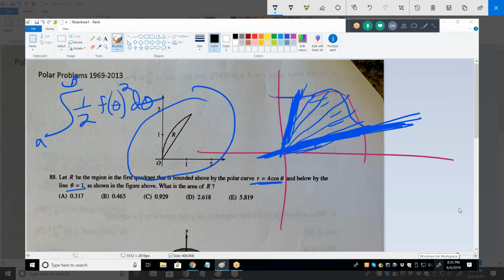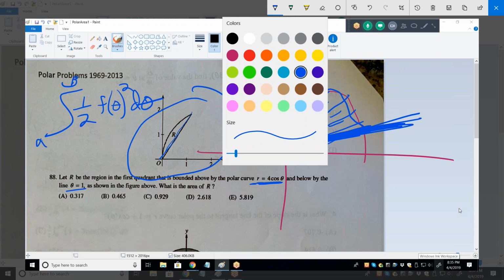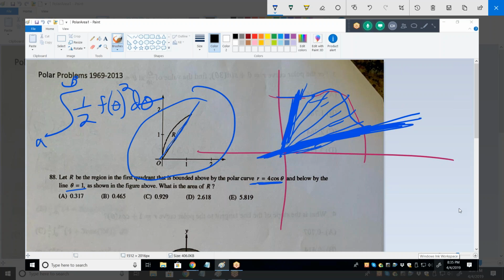Sorry. So I'm going from this radial line to what? To theta equals what? Well, to r equals 4 cosine theta. The other radial line is the line that is tangent to that. What's that radial line?